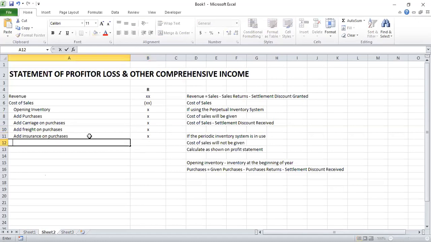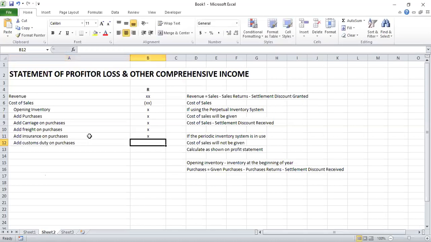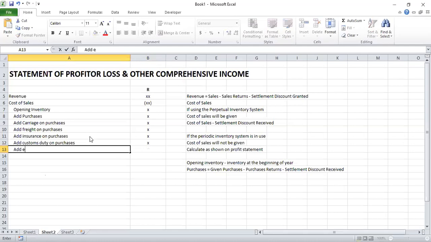Right. Then we can also have customs duty. Let's say you are buying from Zimbabwe. There can be a customs duty that you are charged. Then we can have excise duty on purchases.